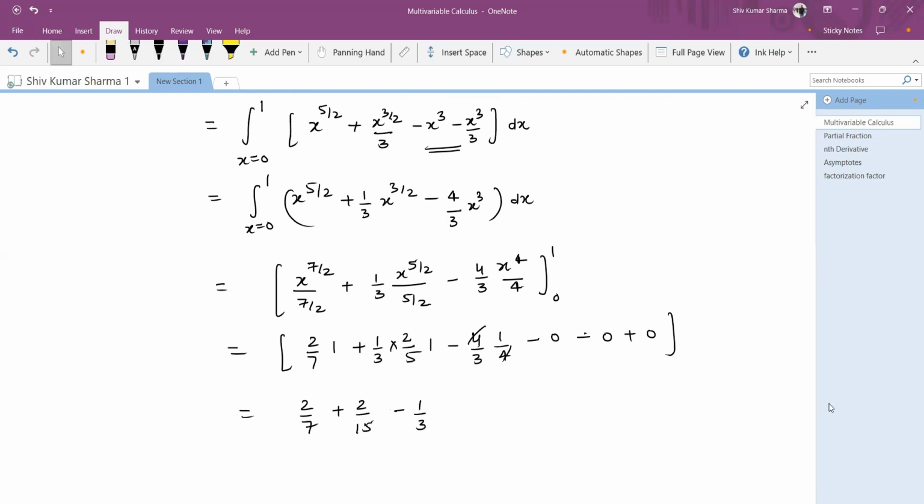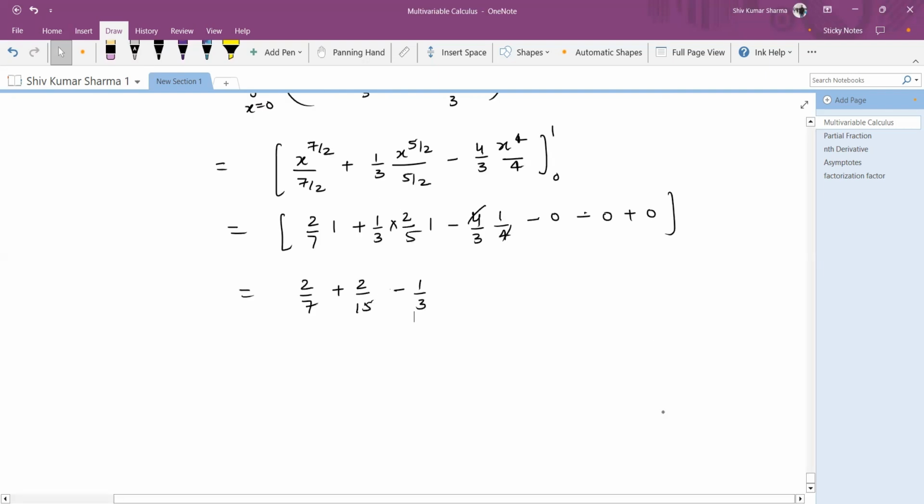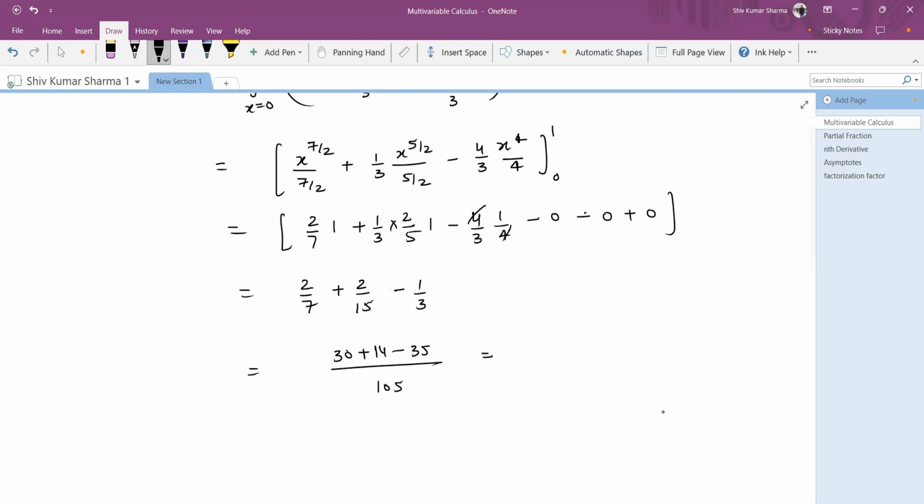We can take the LCM as 105. So 30 plus 14 minus 35, so 9 upon 105. We simplify this, and this gives us 3 upon 35.